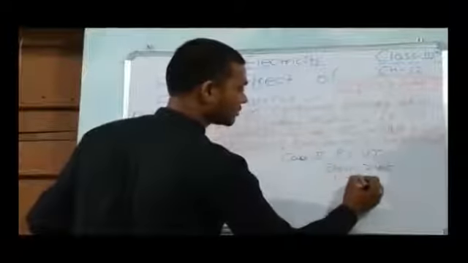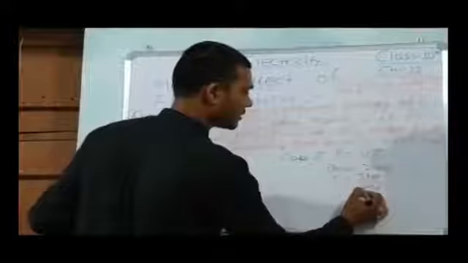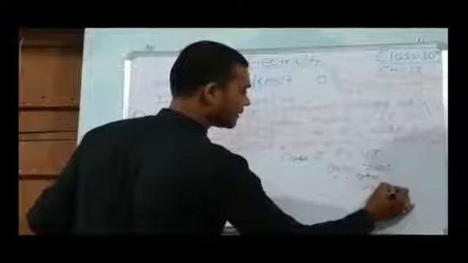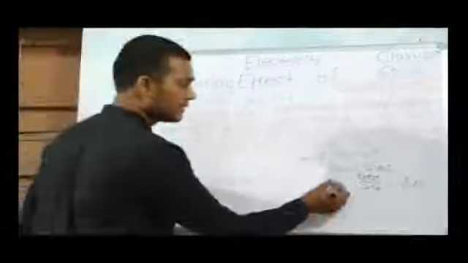Current is equal to 360 upon 220, which is 18 upon 11 ampere. You can also convert this fraction into decimal form to get a clearer answer. So we get the current in both cases.